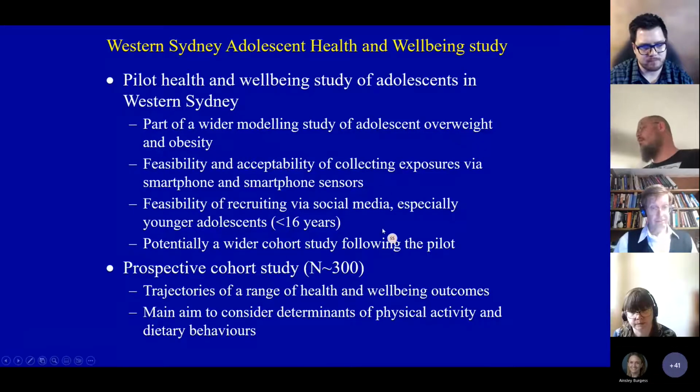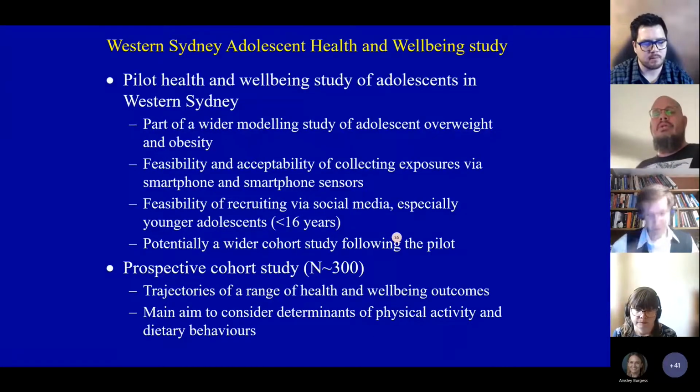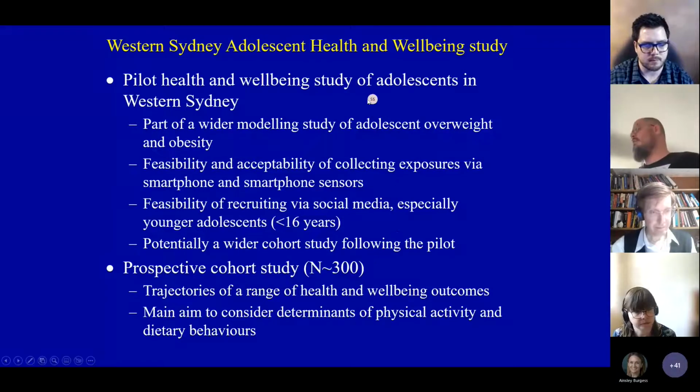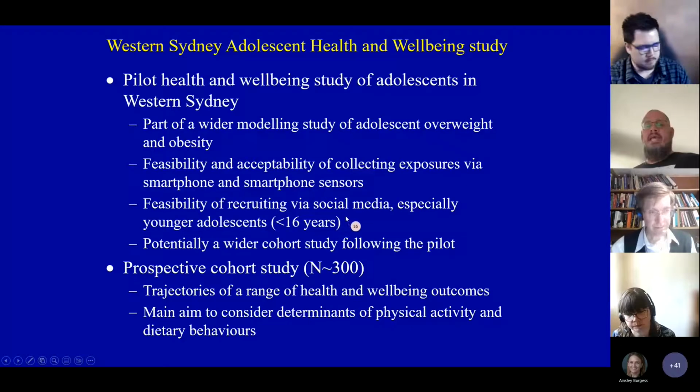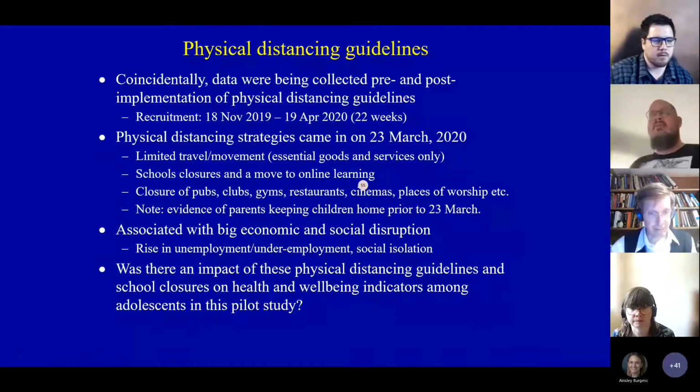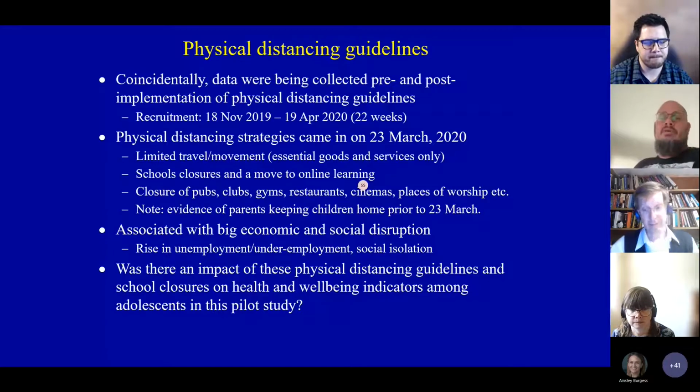This is a part of a wider modeling study, and we were trying to study the feasibility of a cohort of adolescents using this Etika app. As I said, we were just lucky when COVID hit us.